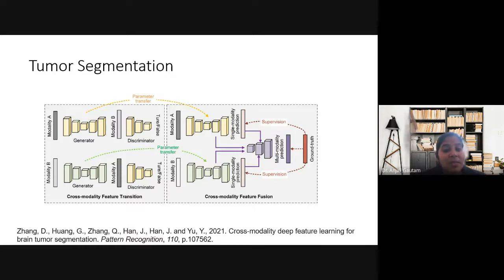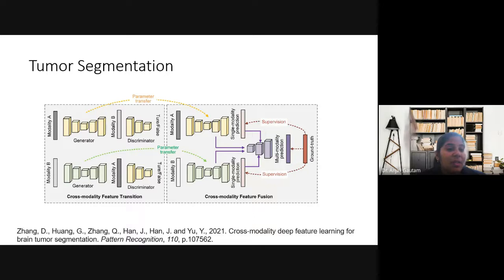Once the generated data is judged true, meaning you are fooling the discriminator, then you can transfer the parameters, and on those parameters you can perform single prediction. That is, from just a CT scan you can find out that there is a problem.